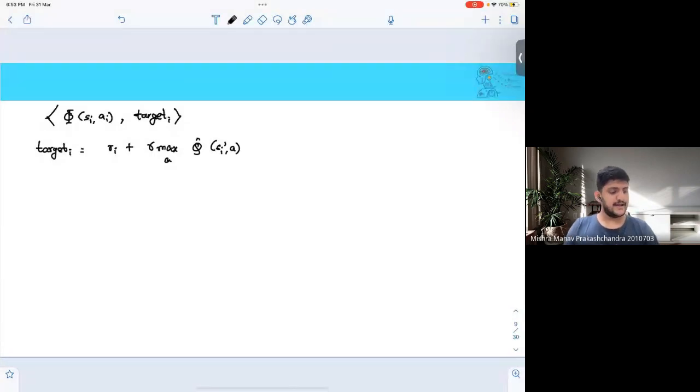Okay, and here, since I want to take a max for the target, I need to take a max over the Q estimate that I have for that particular round or iteration step. So in order to do that, I need to have my training data sufficiently large.